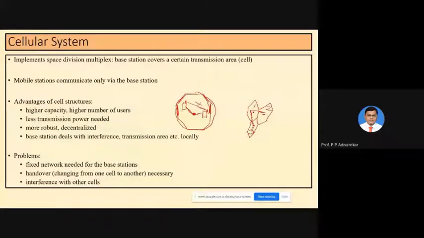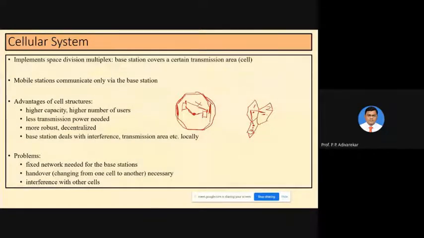So smaller areas with a base station will definitely tackle the interference very easily. Also, the area that should be covered in terms of transmission power will get reduced. So the base station will be the key component of this cellular structure.